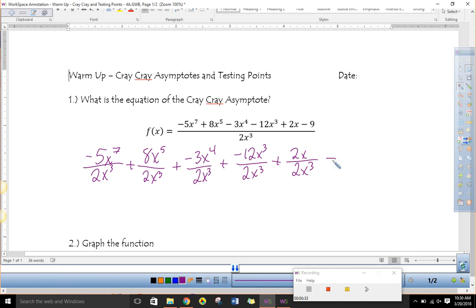Are there any of these that are not going to matter when I go to divide? Definitely the negative 9. Why can I knock this guy out? You'll get a remainder, right? We didn't care about remainders for the asymptotes, so we just ignore them. Is there any other one that would be a remainder?